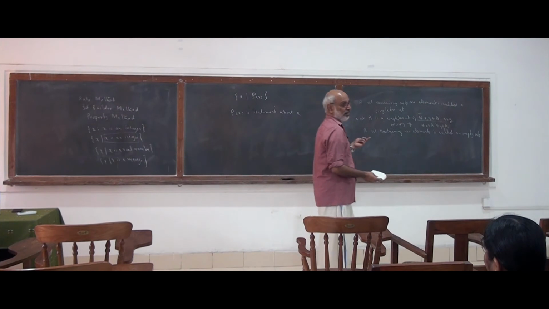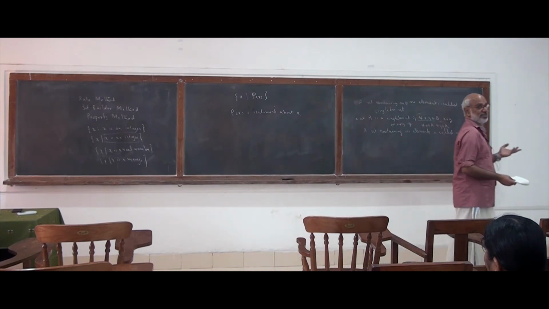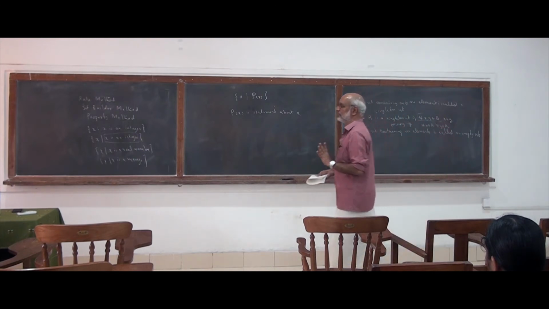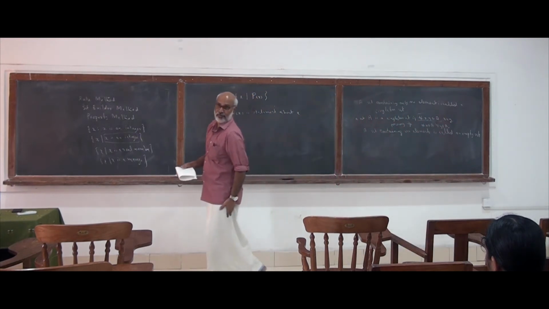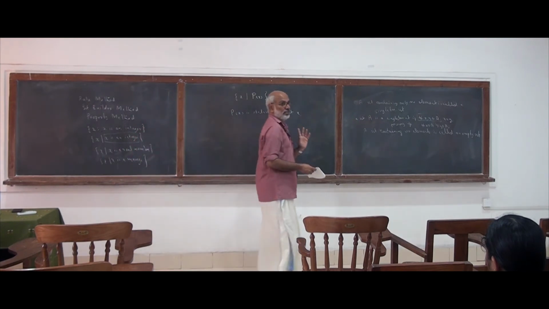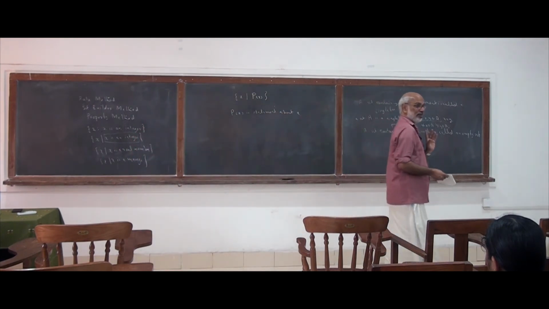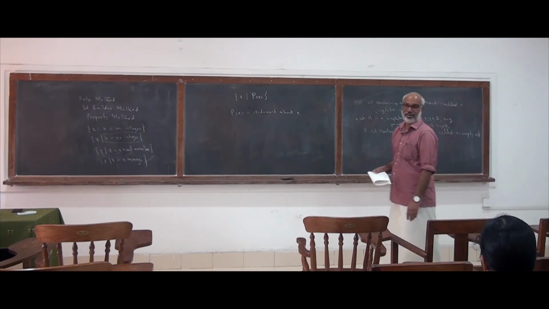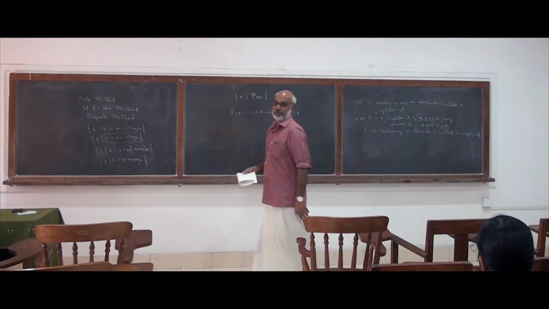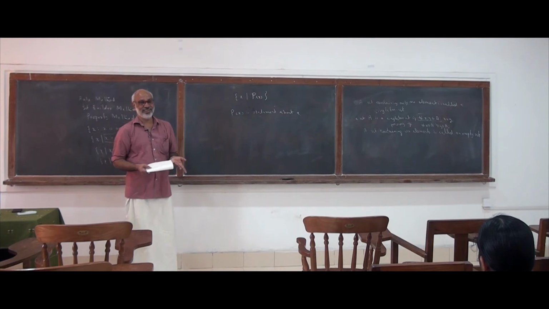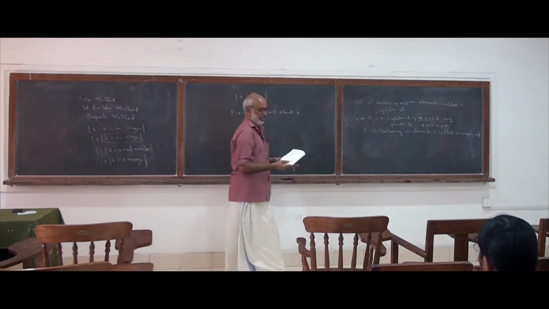So for representing infinite sets, roster method is not feasible, and only rule method can be used. In the case of finite sets with very large number of elements, roster method is not feasible. We prefer rule method. And for sets with few elements, you can use either rule method or roster method.